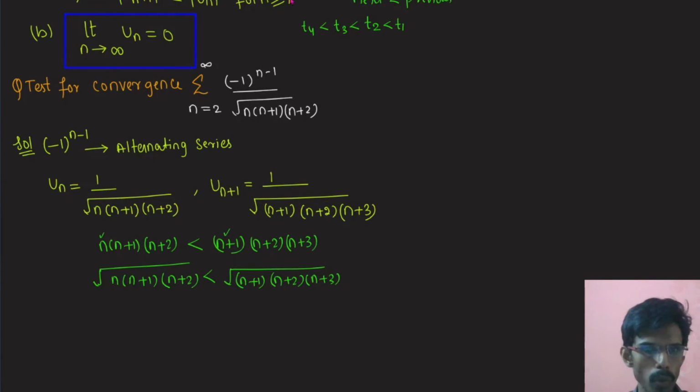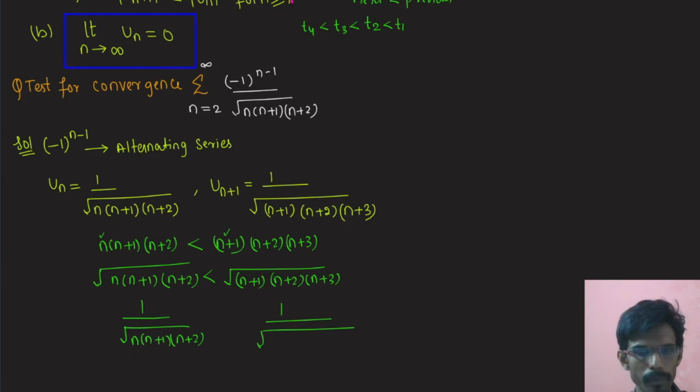Now if I take reciprocal, 1 by root over n(n+1)(n+2) and 1 by root over (n+1)(n+2)(n+3), the sign will be greater. Now this term will be greater.